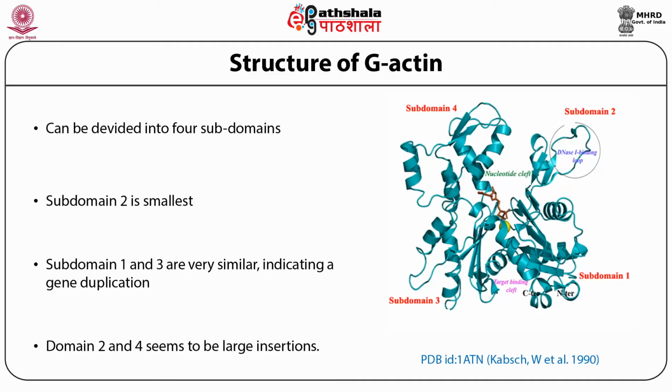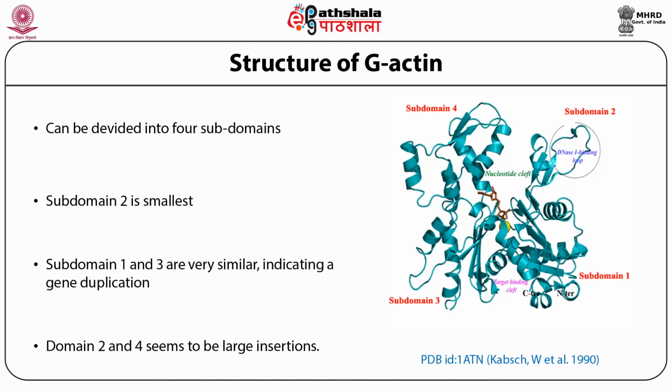The cleft between 1 and 3 is generally where other proteins bind for the regulation of actin depolymerization and polymerization. So, many proteins bind between domains 1 and 3. In domain 2, there is a large loop which is called the DNase binding loop.